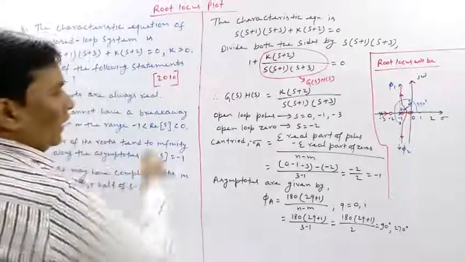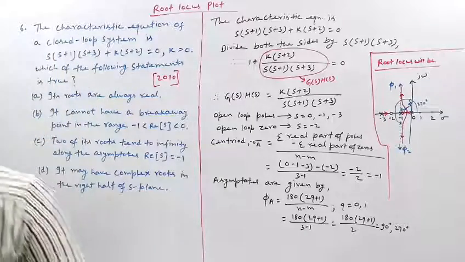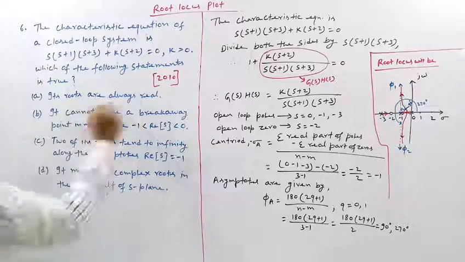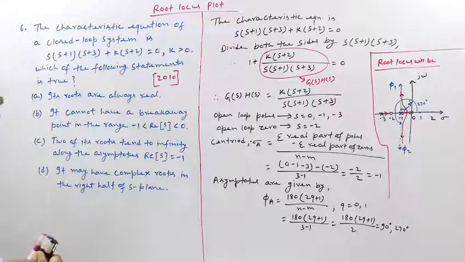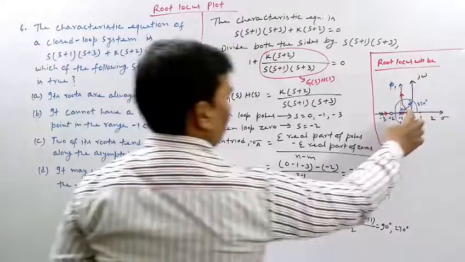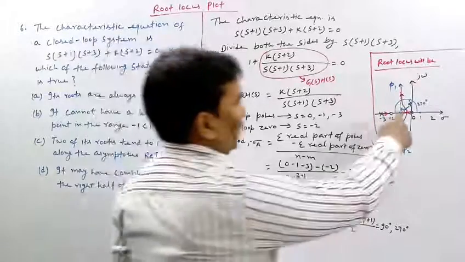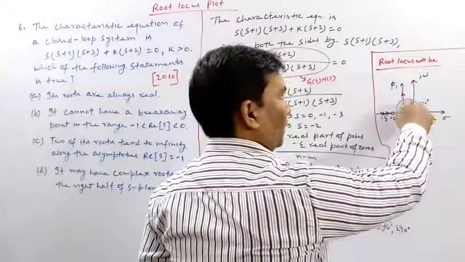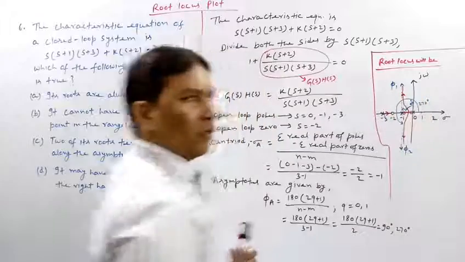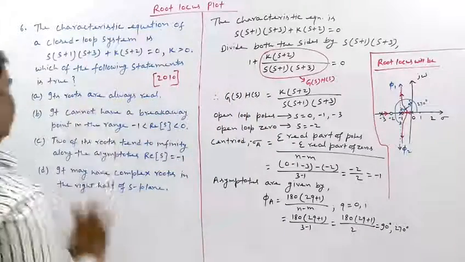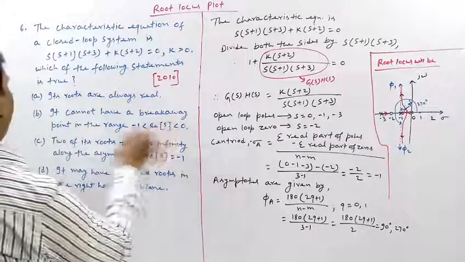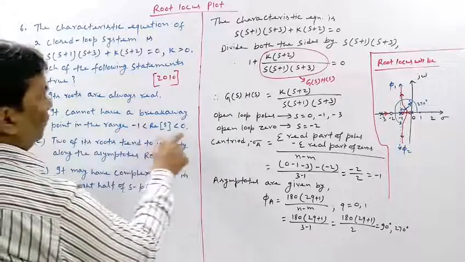Let us see which of the given options are correct. Its roots are always real. No, because these two branches go away and the roots are complex, so this option is not correct. It cannot have a breakaway point in the range -1 to 0.